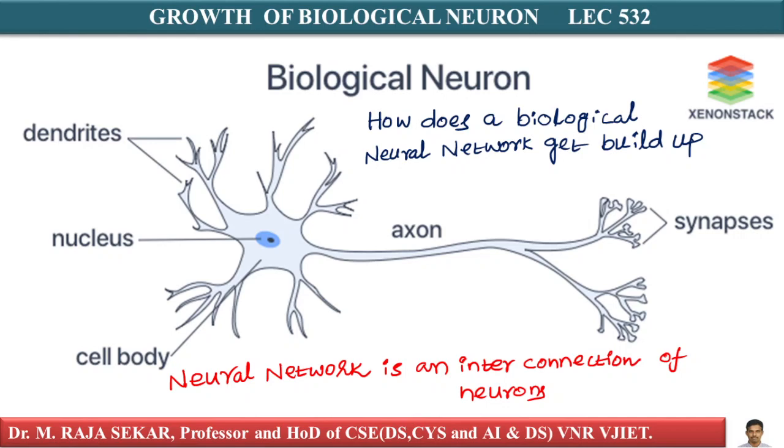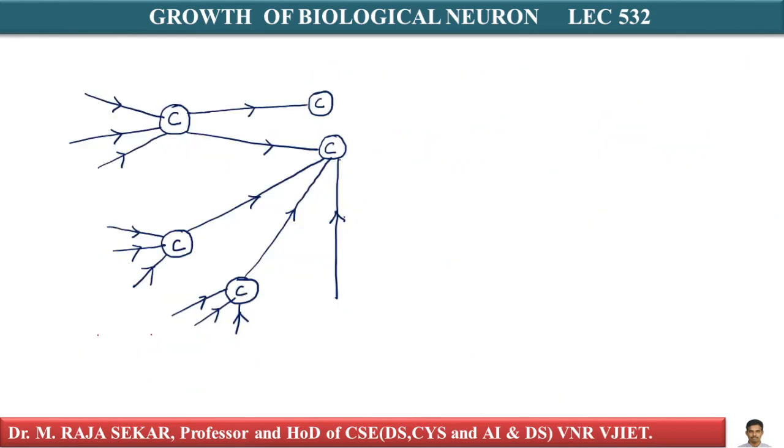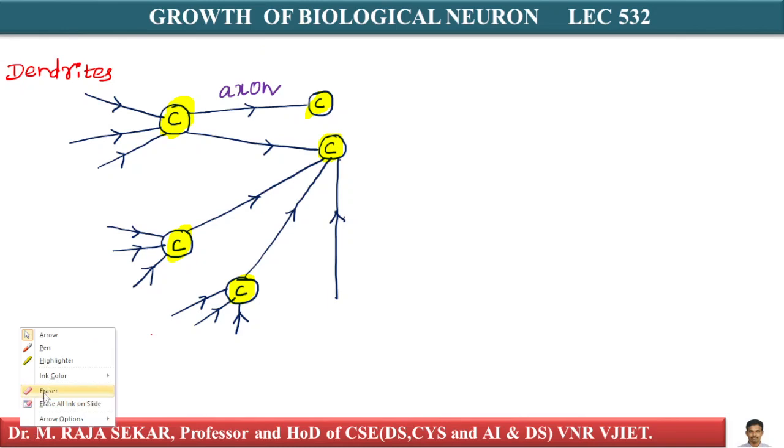So, if this is my cell body, this is my cell body, this is a cell body, and so on. These are the dendrites, incoming to the cell body.